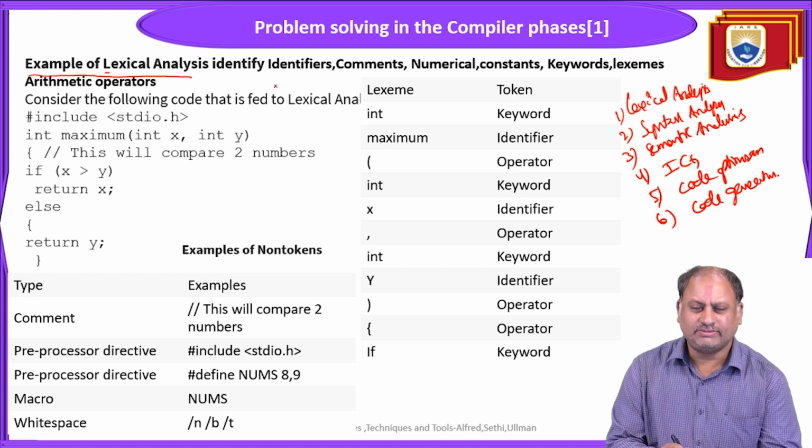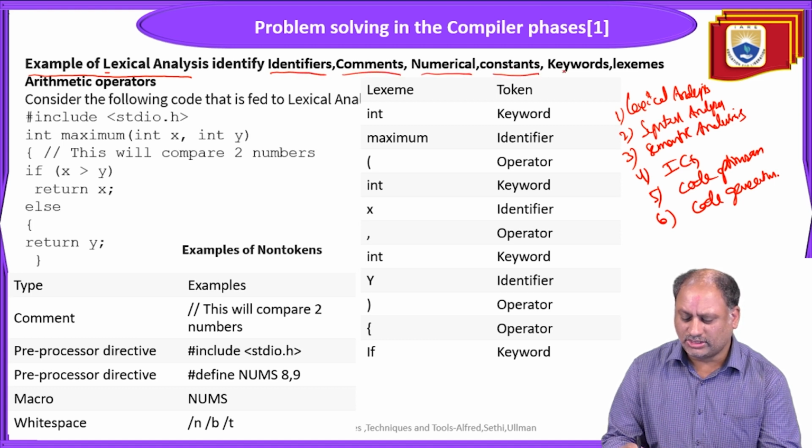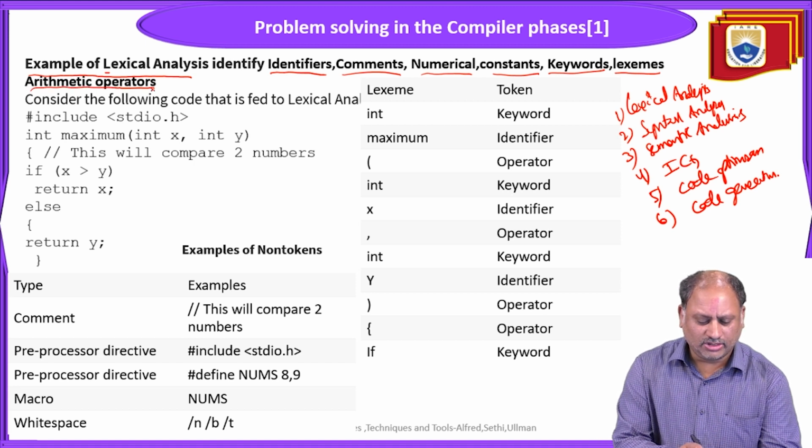In the first phase of the compiler, the starting phase, that is lexical analysis, how does it identify the corresponding things? It separates the source language program into different forms: identifiers, comments, numerical constants, keywords, lexemes, and arithmetic operators also.